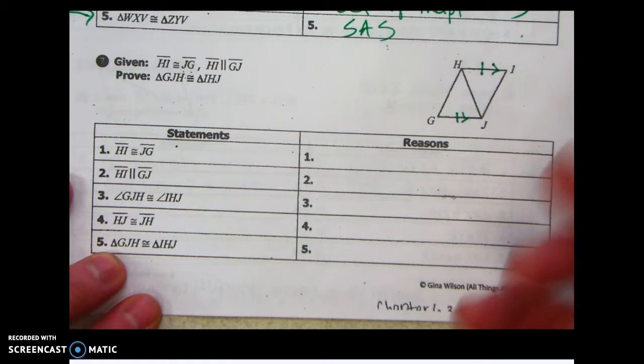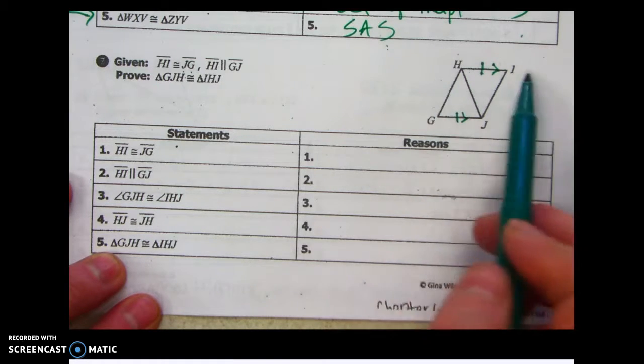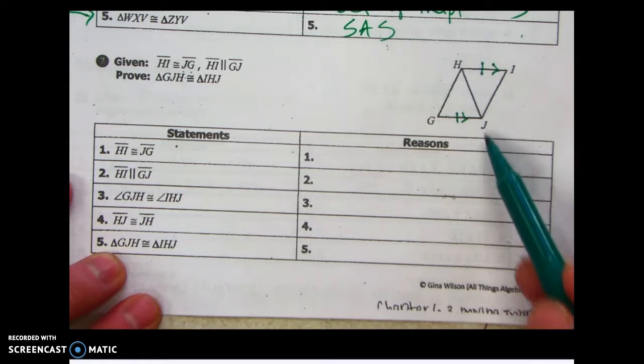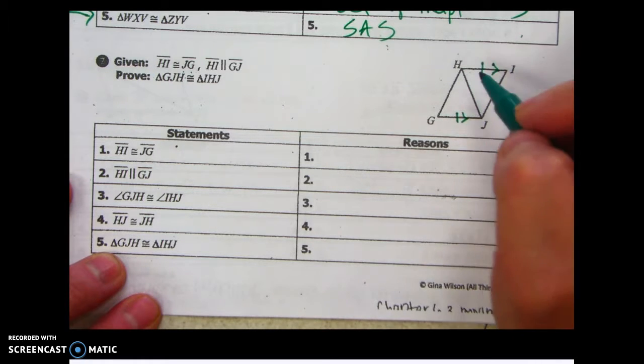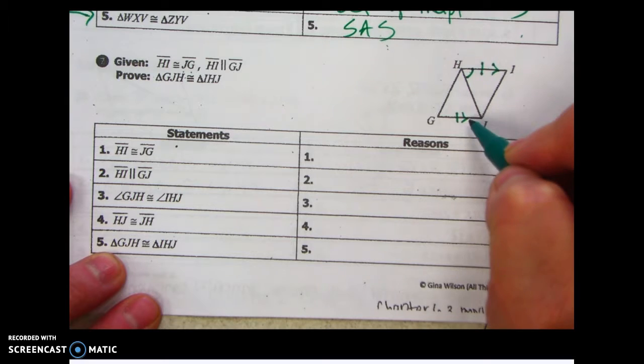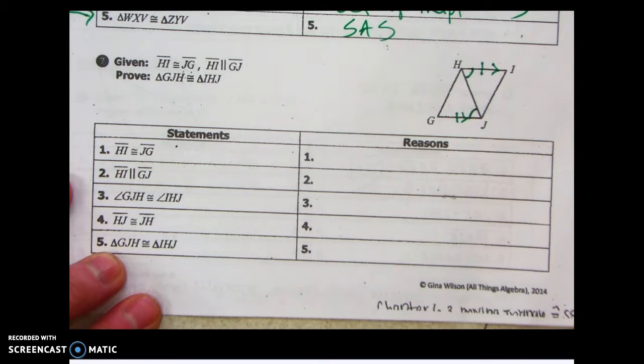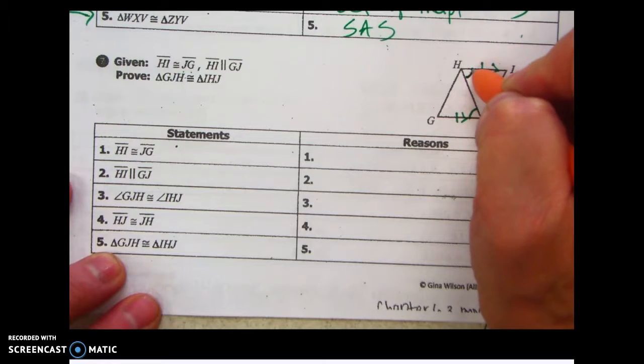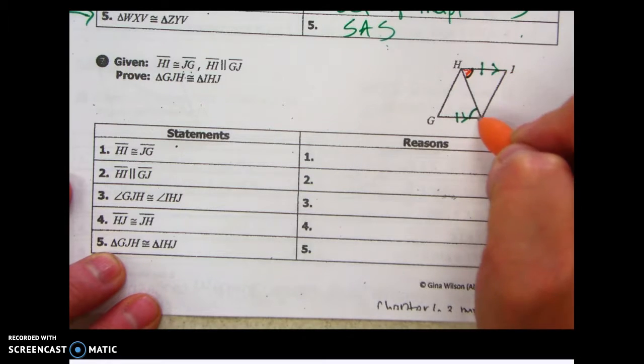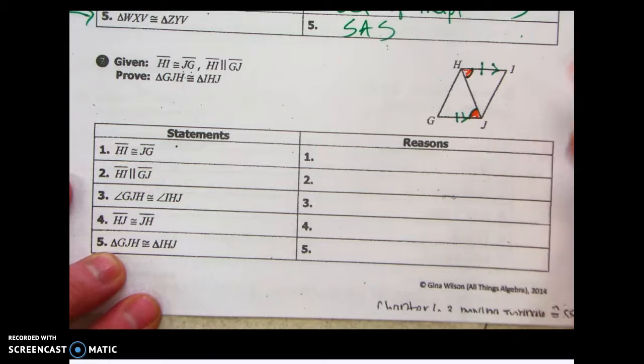Okay, so now I have to realize that, remember, when I have two parallel lines and a transversal going through them, I end up with congruent angles. These two angles will be congruent because the alternate interior angles that are formed by parallel lines are congruent.